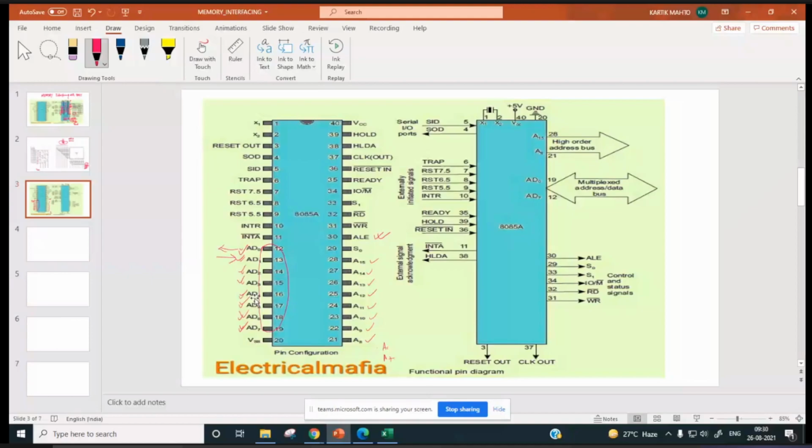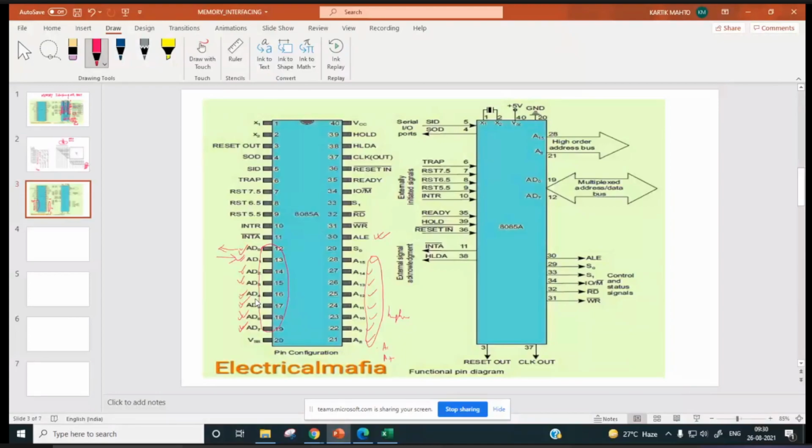Anyway, what was the point? So in fact, we were discussing what are the pins of 8085 which are used for sending the address. So A8 to A15 are the pins for sending the higher order address, and AD0 to AD7 for sending the lower order 8 bits of the address, right? And these AD0 to AD7 pins will be used for transmitting and receiving the data also.